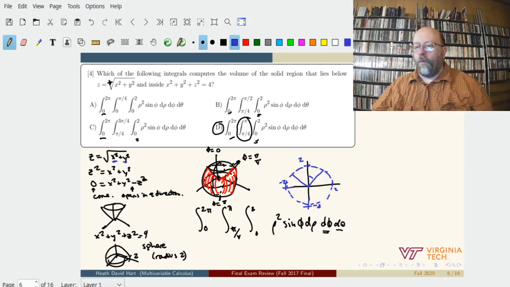So, for example, this point right here that's on the circle, we know that the radius of the circle is 2. And so we know that x squared plus y squared is going to equal 2 squared.